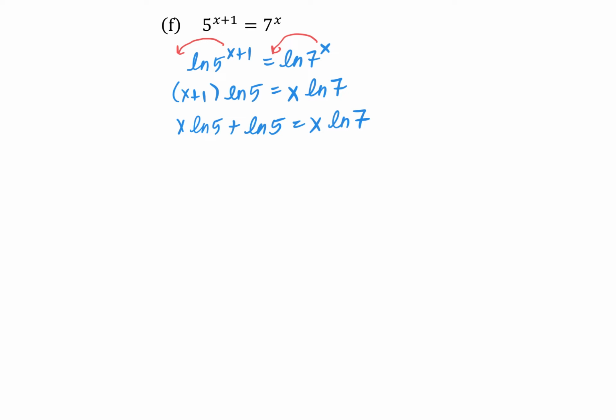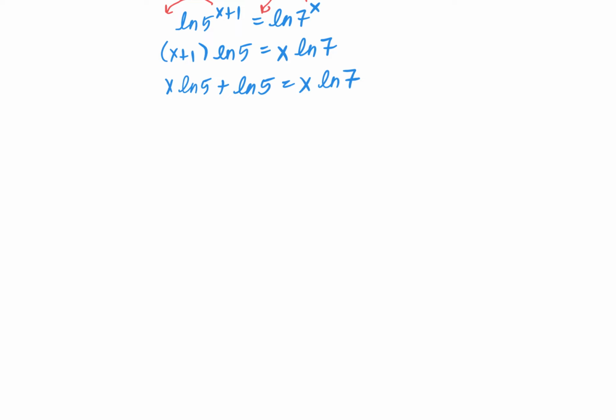Now I have x times natural log of 5 on the left, and x times natural log of 7 on the right. I could subtract x natural log of 5 from both sides to get natural log of 5 equal to x times natural log of 7 minus x natural log of 5. So what I've done here is at least I've gotten all the x's on one side.